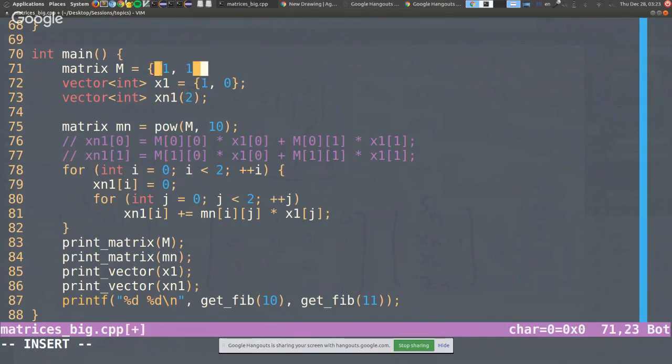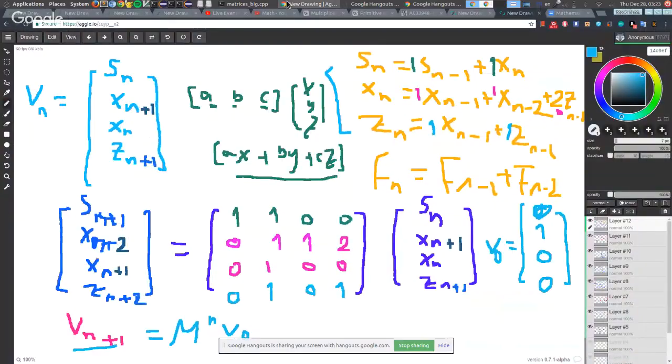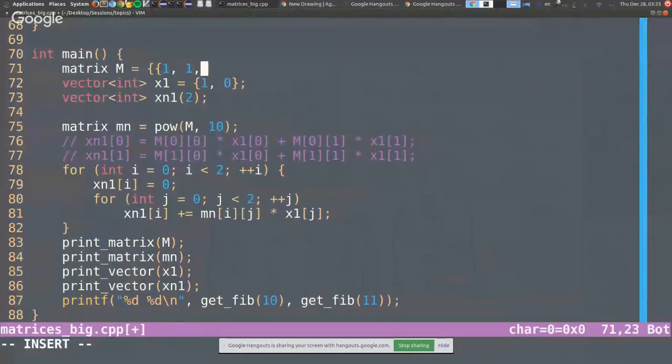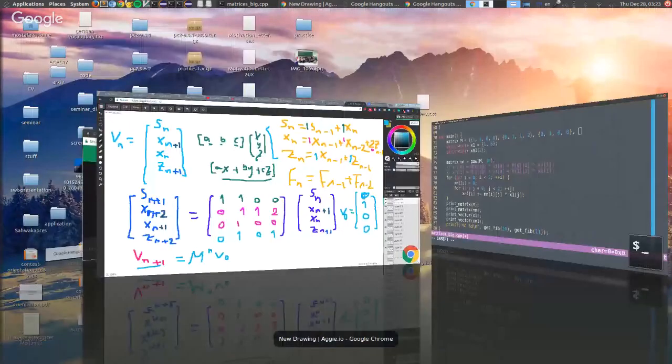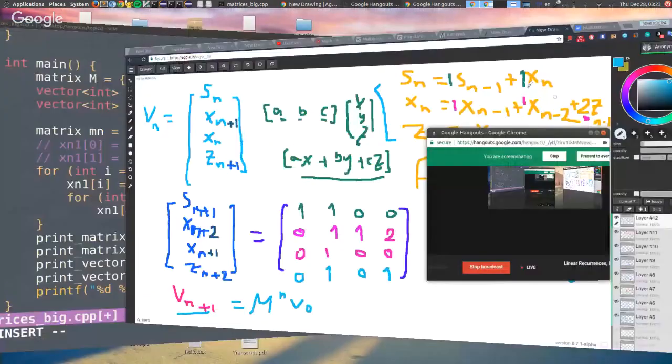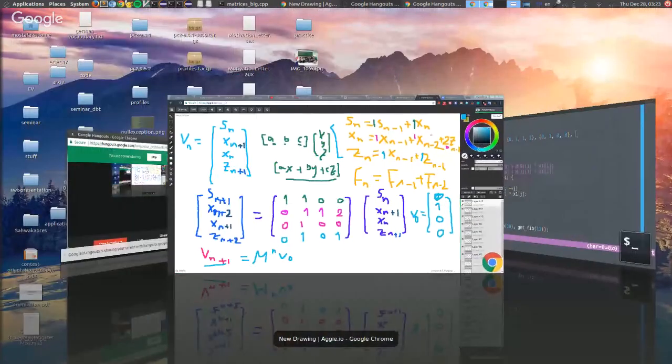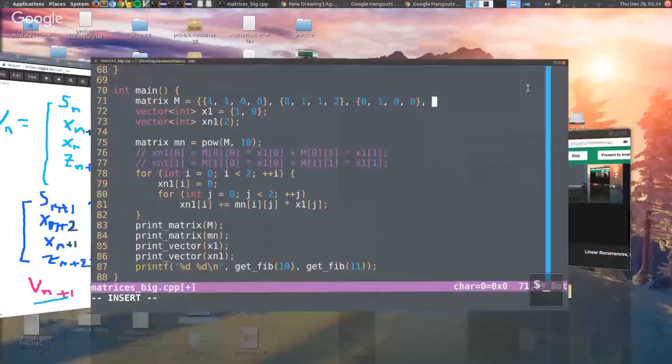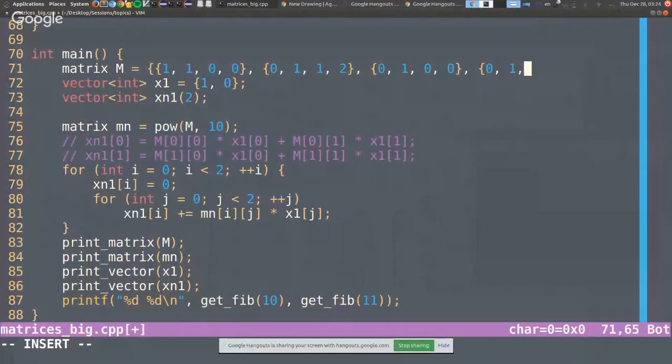The matrix will just change a bit. So it's 1 1 0 1, 1 2 1, here, 0 1 0 1, 0 1 0.